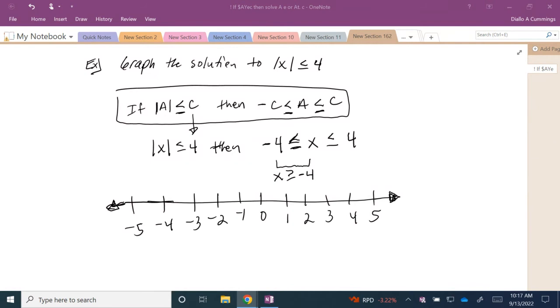But here, since I'm using open and closed circles, since I have the equal to bar at negative 4, I'm going to draw a closed circle. We want all values that are greater than or equal to negative 4, so my line is going to move toward the right.